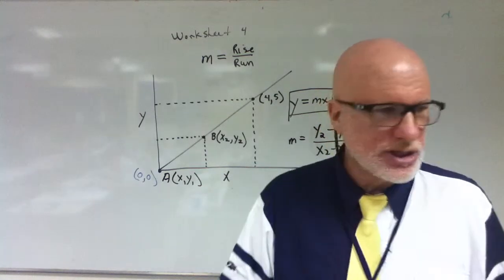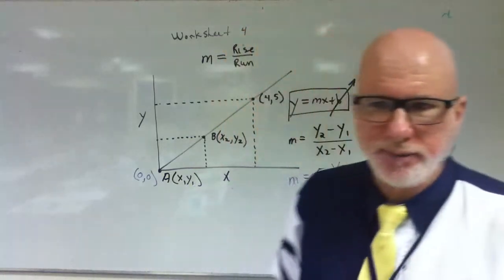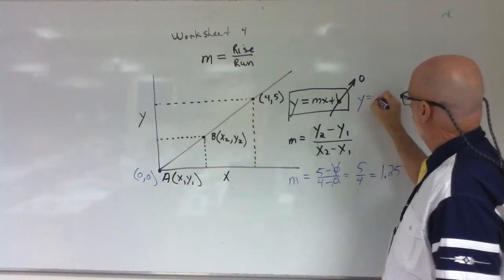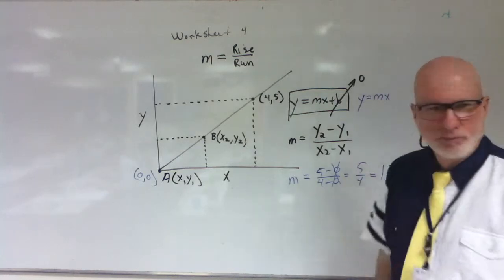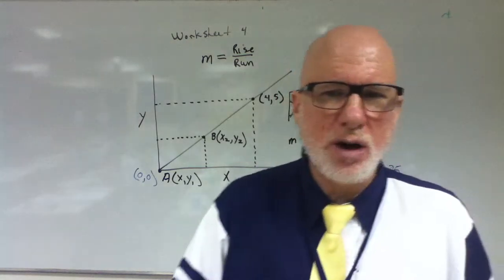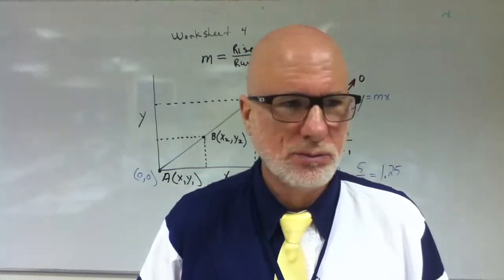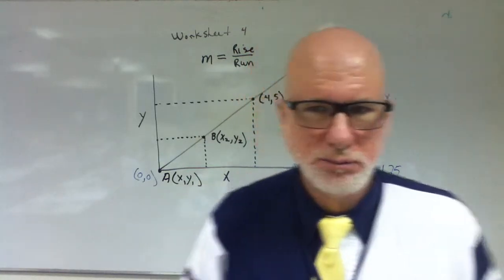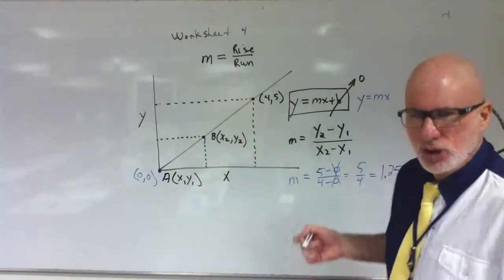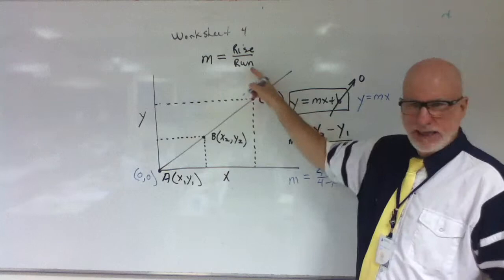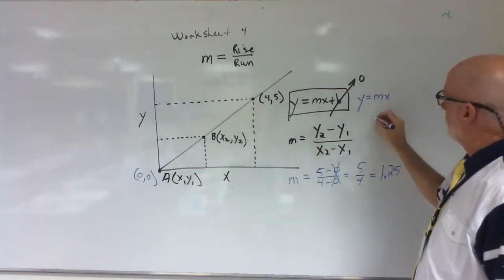So what's the equation for a straight line going to be? What does m equal? Slope. It equals rise over run. But what else does it equal?